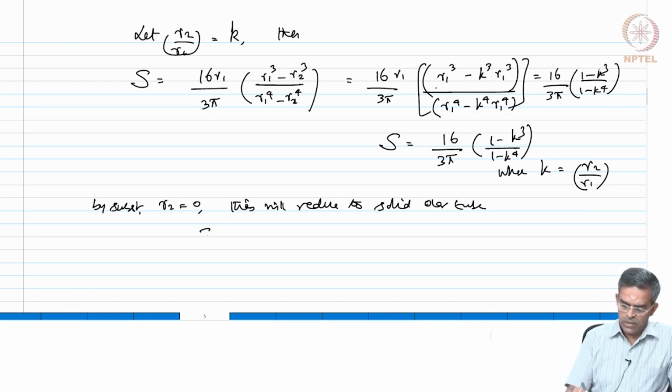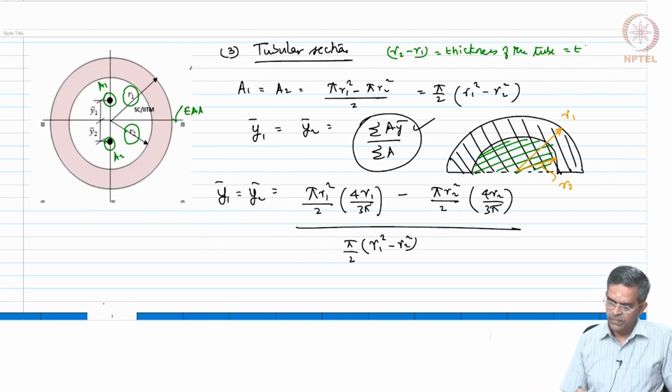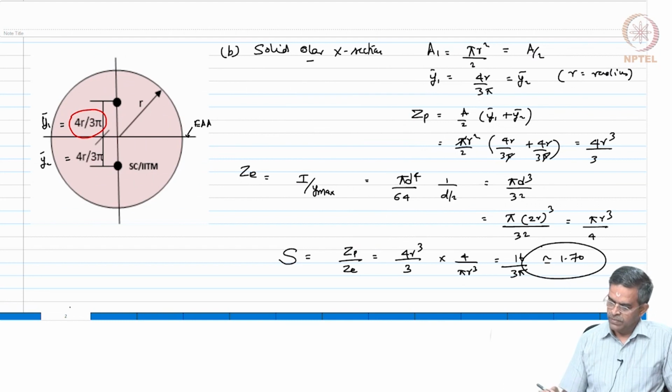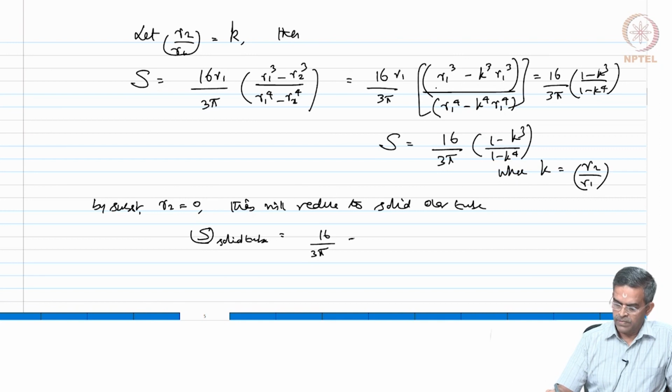So, therefore, the shape factor S for a solid tube is 16 by 3 pi, which we already have. Okay, so we landed up in the same equation, same as derived earlier.